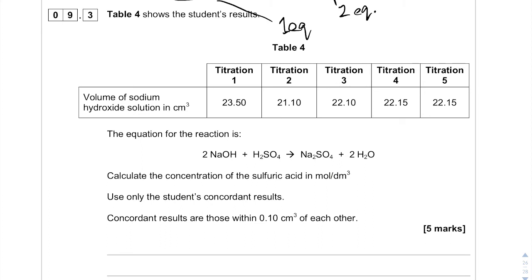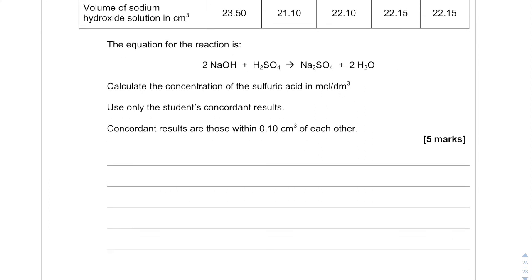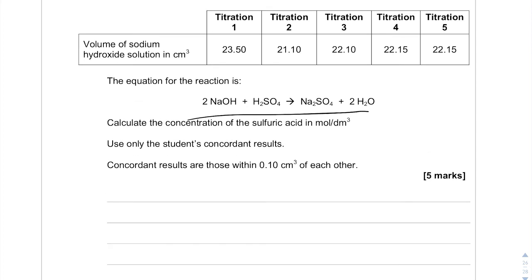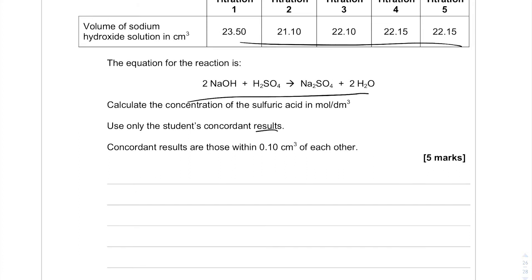Now you've got the reaction equation here, and we know we have the volume of the titration and use concordant results, and it's given that concordancy is 0.1 cm cubed. So this is definitely not concordant. These two are far apart, and so these two are not used. Now you have these two are 0.05 apart, which is half of the concordancy limit.